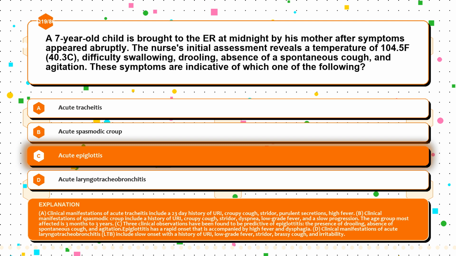C. Three clinical observations have been found to be predictive of epiglottitis: the presence of drooling, absence of spontaneous cough, and agitation. Epiglottitis has a rapid onset that is accompanied by high fever and dysphagia. D. Clinical manifestations of acute laryngotracheal bronchitis (LTB) include slow onset with a history of URI, low-grade fever, stridor, brassy cough, and irritability.